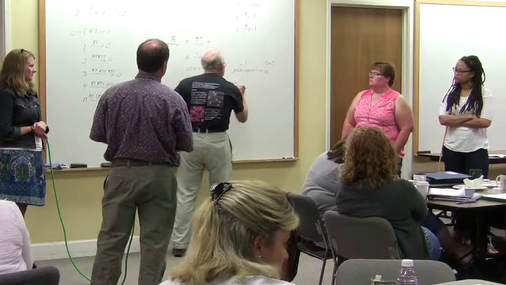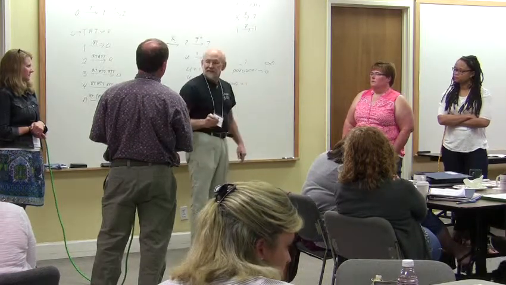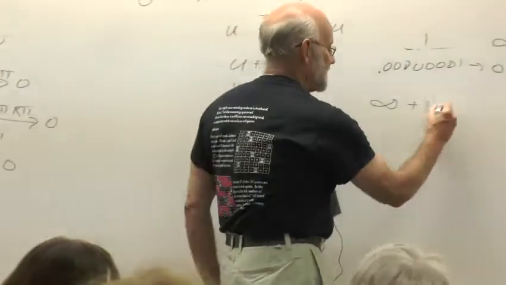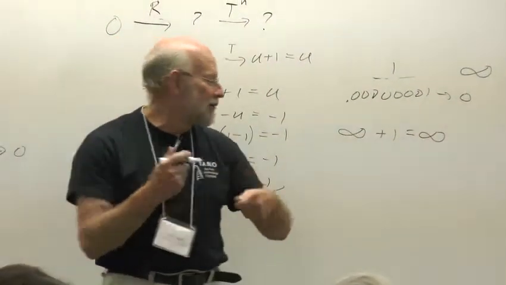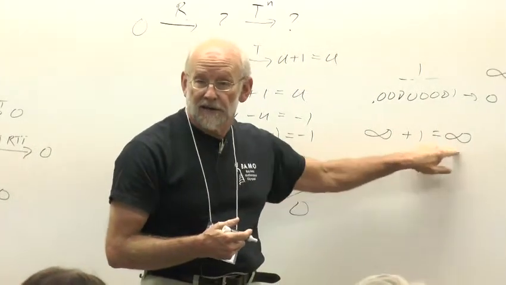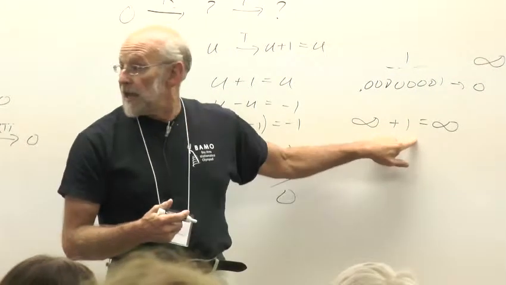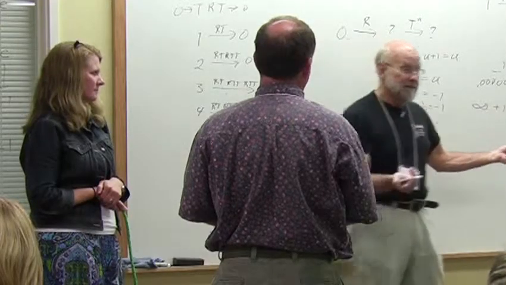And does it sort of make sense that if you start with an infinite number and you add 1, where are you going to be? I don't want to be real precise about this, but this is sort of how you would think about an infinite number, right? It's so big that adding 1 to it isn't going to change anything. Are there any other numbers that would work like this?